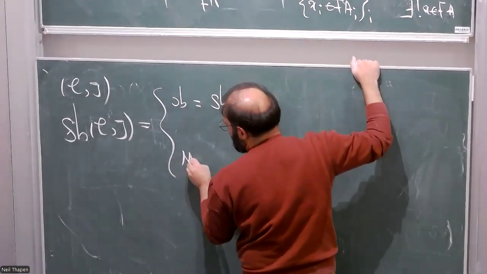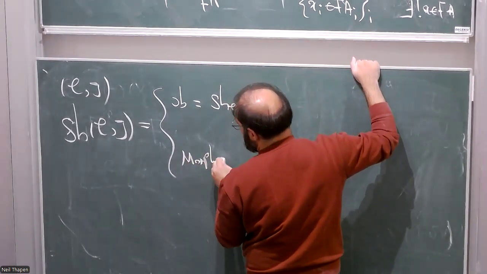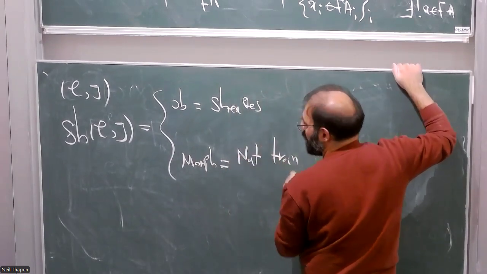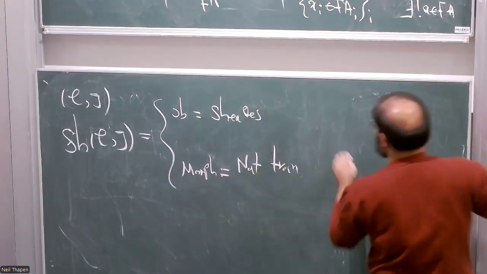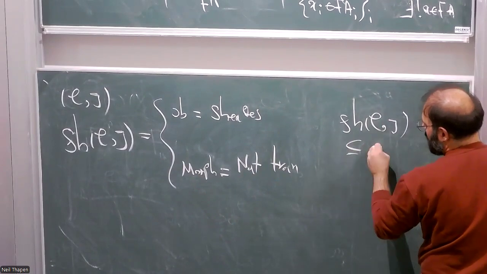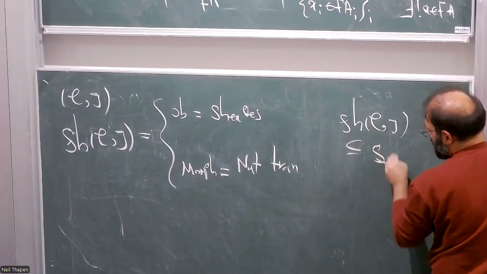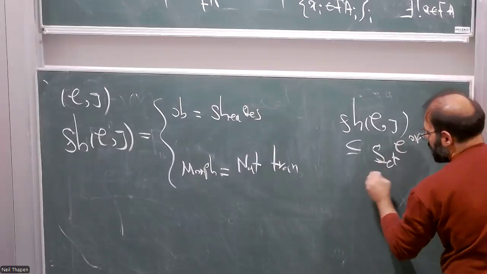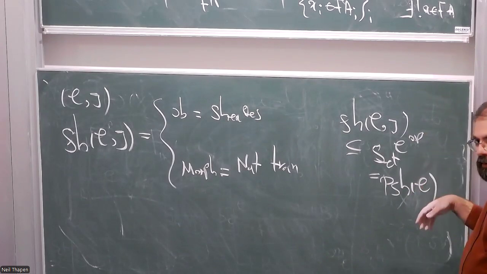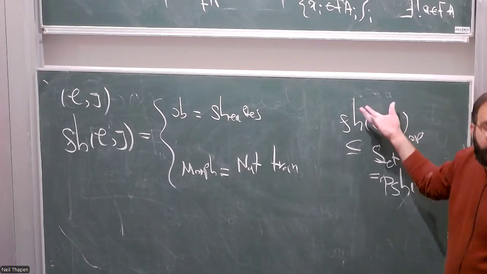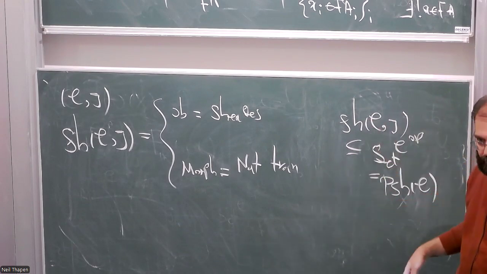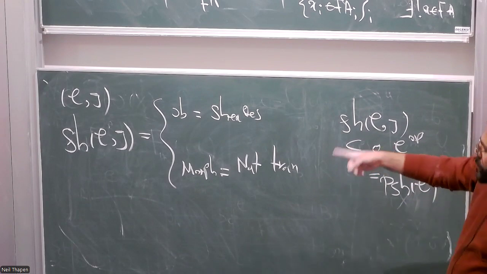And morphisms are just natural transformations, as in pre-sheaves. So you can see that this is actually a subcategory of pre-sheaves, also denoted with this, right? I pick some objects, but morphisms are just the same. I'll pick all the morphisms. I don't care, right? That's the category of sheaves.